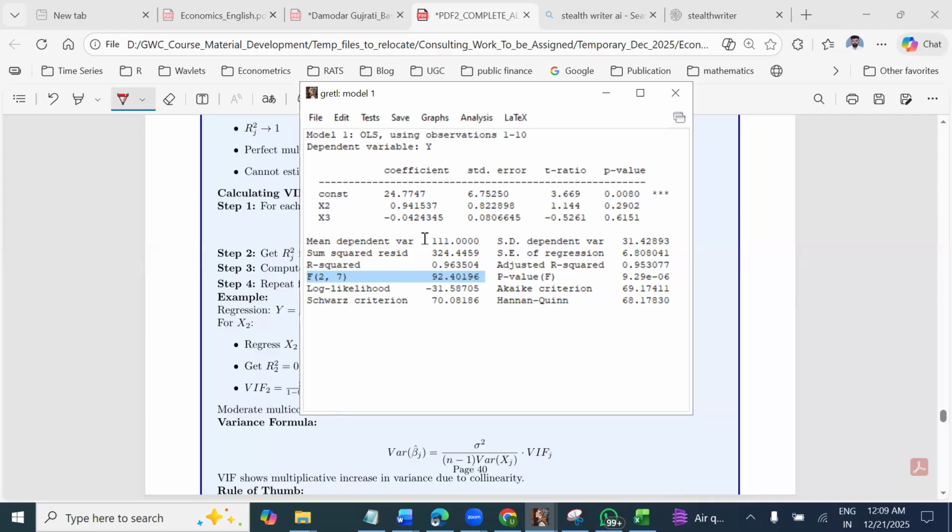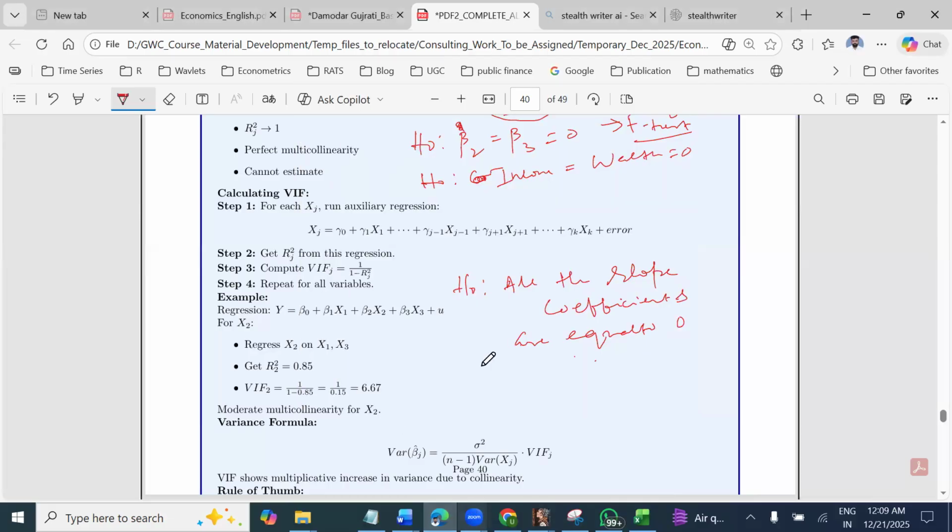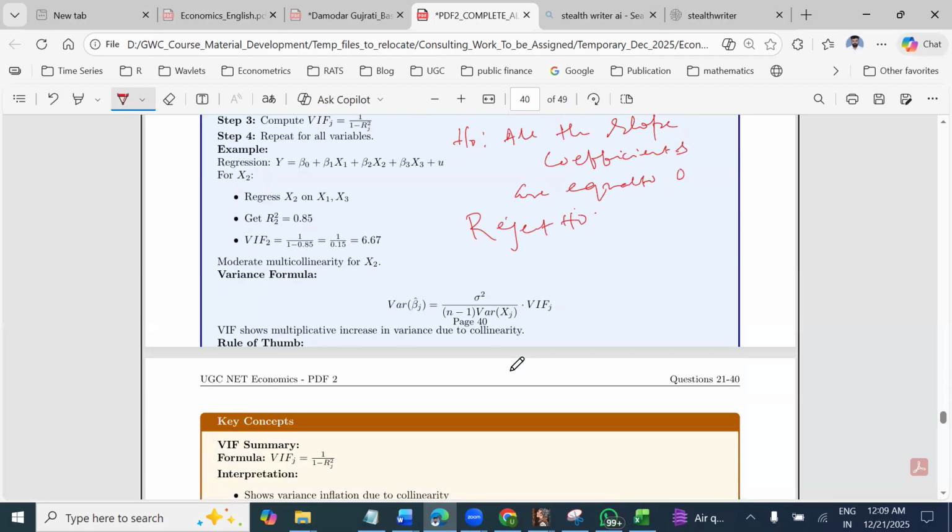Are you good? Yes, sir. So what we do is we reject the null hypothesis to prove that our regression estimation is correct. Means if we reject the H naught, how will you reject the H naught? First of all, you will calculate the F value.